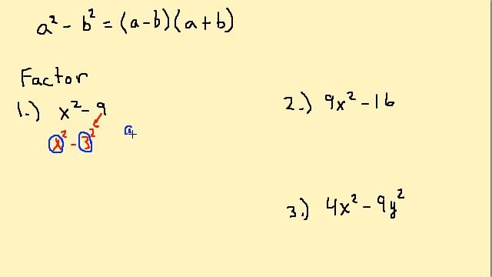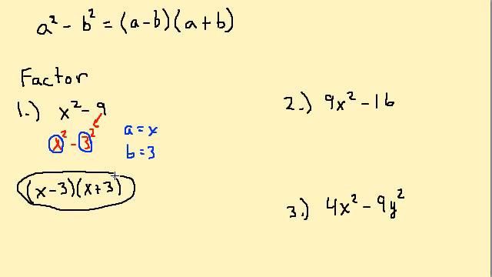I have a is equal to x, b is equal to 3. So plugging these values into a minus b times a plus b, that will give me x minus 3 times x plus 3. And there's my answer.